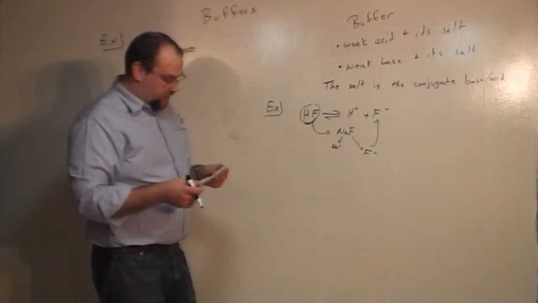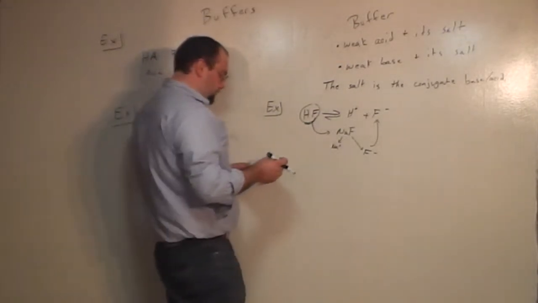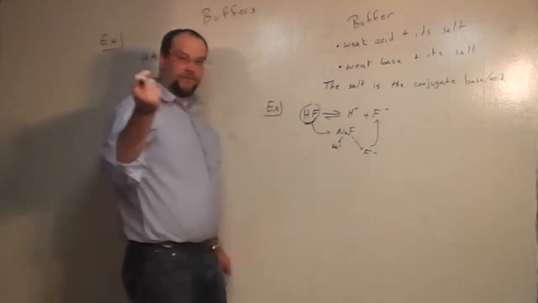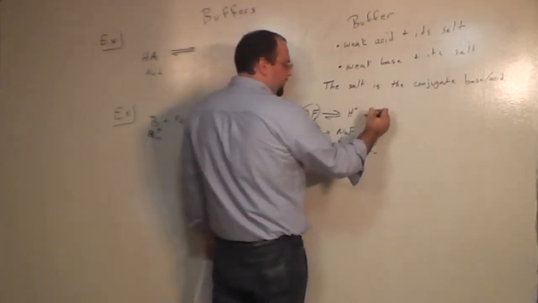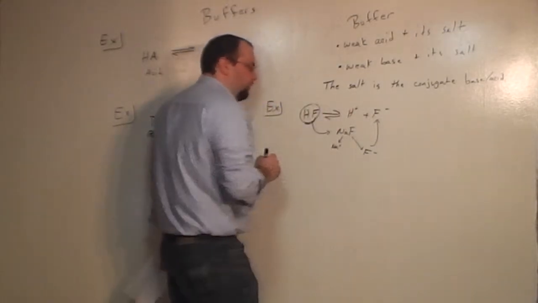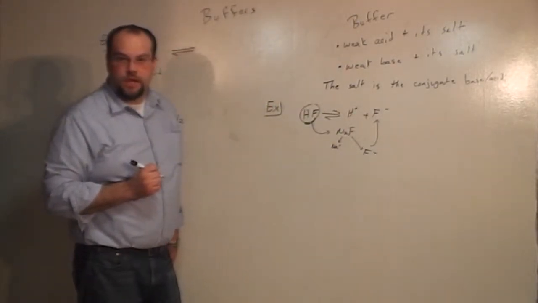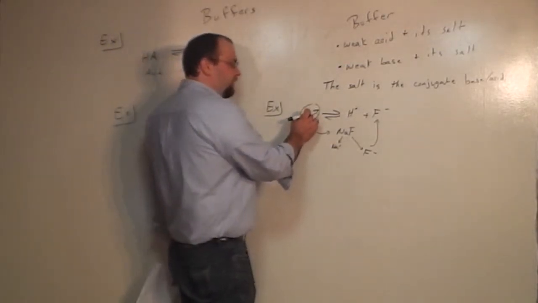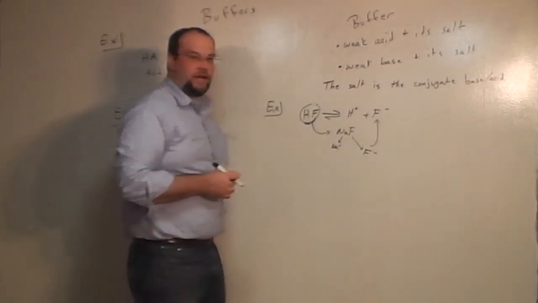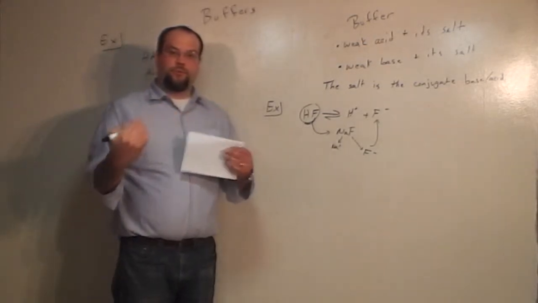Now what that's going to do is, if I add acid, if I add hydrogen, well, the F minus can react with the H and form HF. And if I add a base, the HF can react with the base and form F minus. So it's going to act both ways.